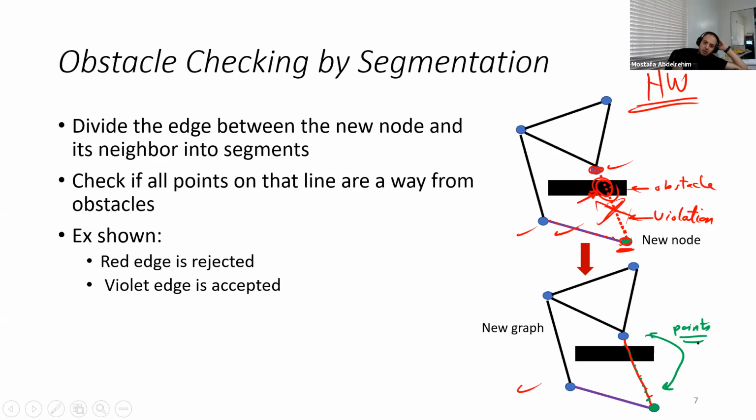You can call it, for example, number of segments, because we divide this edge into segments. And if any segment is inside an obstacle, then we do not consider this edge. So this node and this node will not be connected in the final graph. So this is another parameter that you must set, and it's a very important one. I will show you why after that.